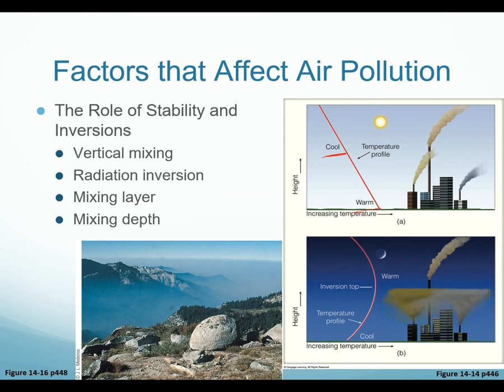So you get a parcel of air, it rises, its temperature stays warmer than the atmosphere around it, and so it keeps rising. Well, thankfully, pollution is hotter than the air around us most of the time. And so since it's hotter than the atmosphere around it, it's going to rise.